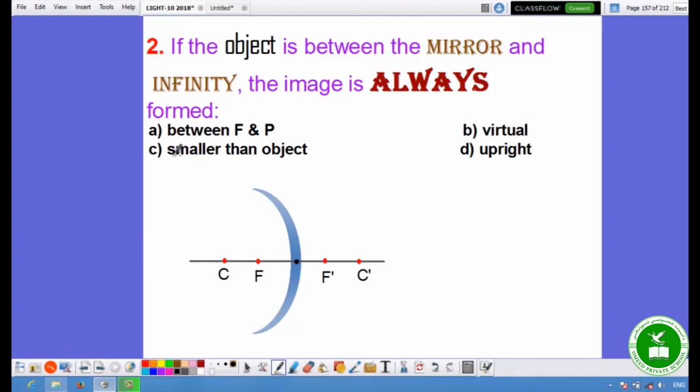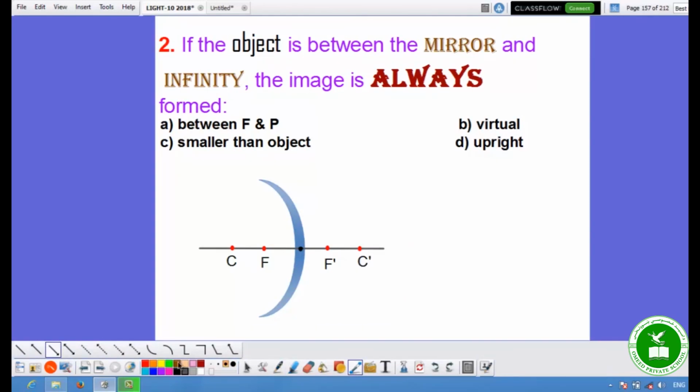The image will be virtual, smaller than the object, and upright. Here it is very important: if the object is between the mirror and infinity, anywhere in this region, maybe at C', maybe at F', maybe between, maybe beyond C, anywhere, the properties of the image will be the same. Let's take one object on this side, anywhere.